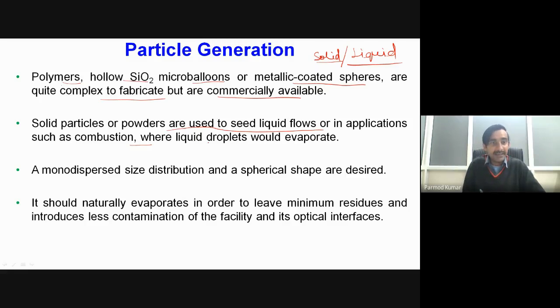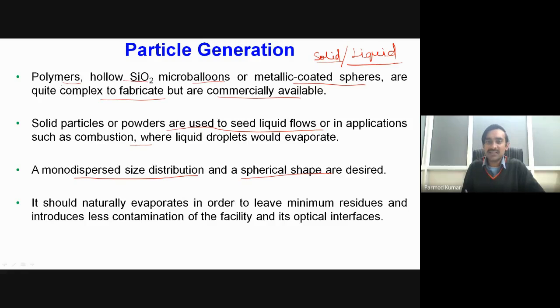Then it is always desired to have monodispersed size distribution and spherical shape of the particles. Why do we want monodispersed? Because while we are tracing the motion of the particle, we should have the same type of flow dynamics. At the same time, particles should be of spherical shape.